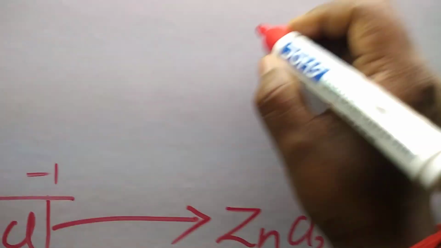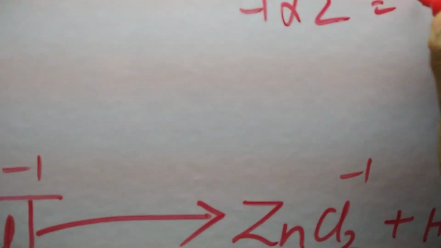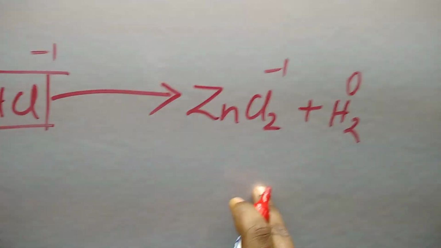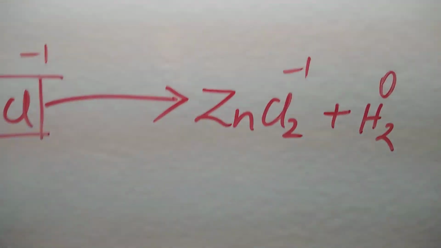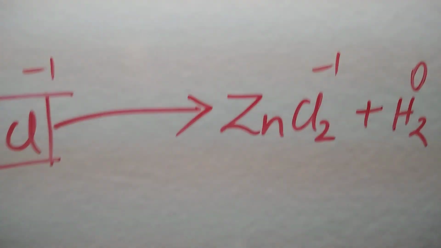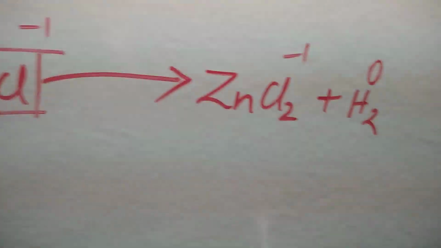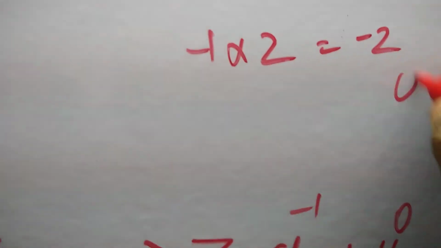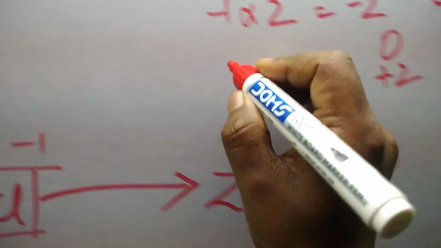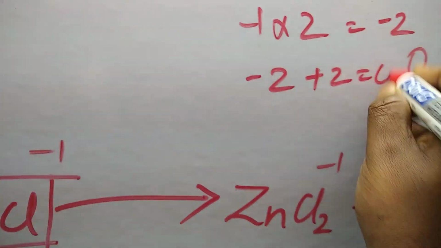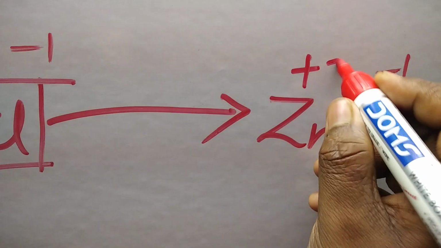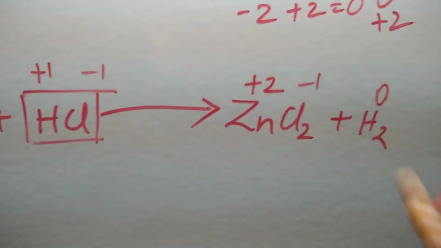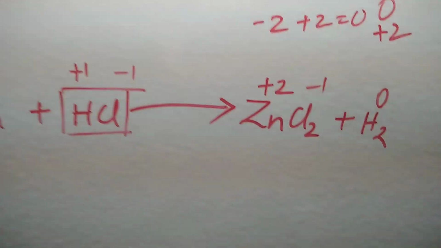That means -1 into 2 equals -2. That means in total the chlorine is -2. So to neutralize it, that means to make it 0, we need +2. -2 plus 2 becomes 0. So that means zinc carries +2 charge. Oxidation number is +2. Okay, students?